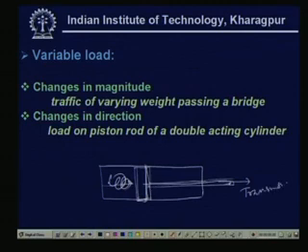It is pressing this one, and again the transmission is keeping it back. So, there is a continuous movement in these directions, and the load onto this rod is gradually changing. This changing pattern is what we call a change in direction.